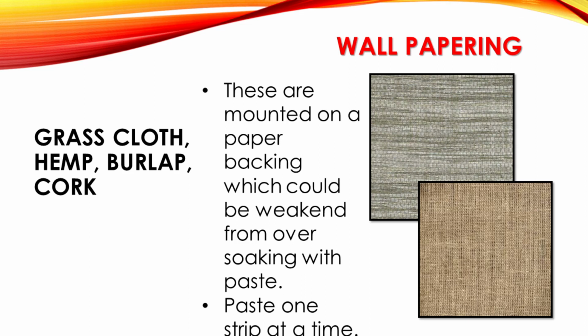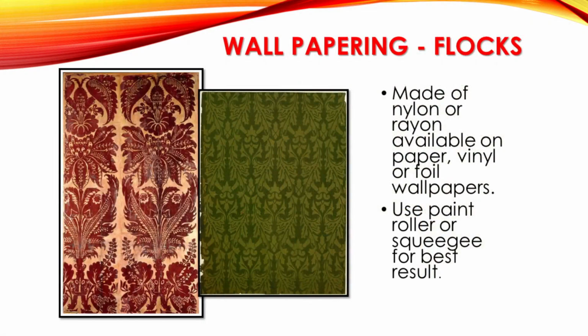Grass cloth is an umbrella term commonly used to describe wall covering made from hand-woven strands of natural fibers on an unpasted rice paper backing. The fibers include hemp, jute, seagrass, arrowroot grass, bamboo, and raffia. The last type of wallpaper are the flocks.